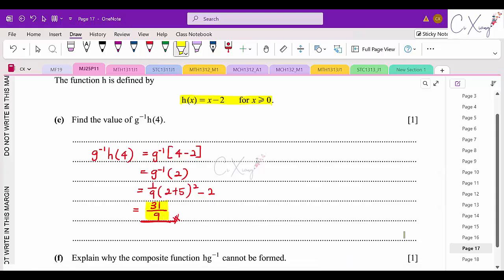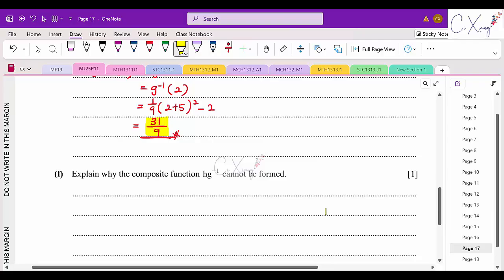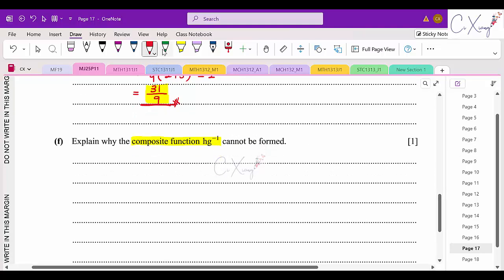Okay, so lastly, for part F, which is the very last part for this whole paper, explain why the composite function H inverse G cannot be formed. Highlight the keyword: composite function. Again, to answer this question, you have to recall the domain and range for the composite function.